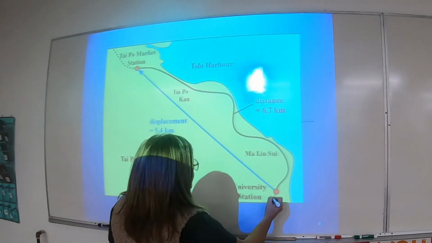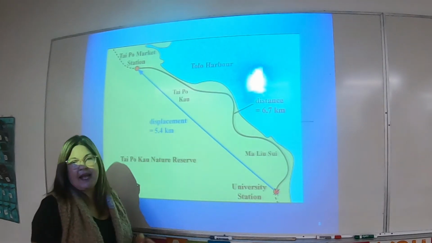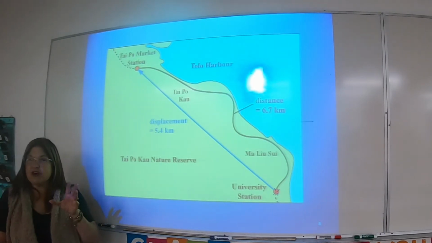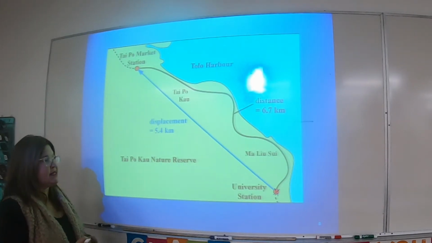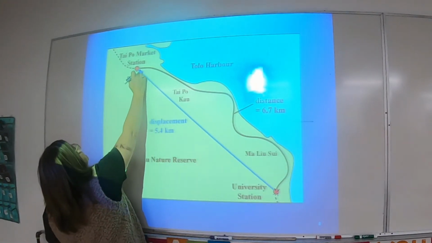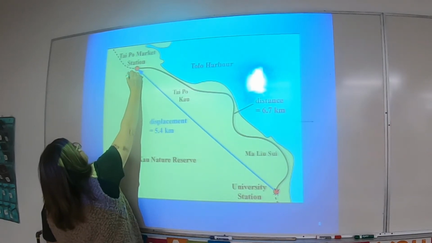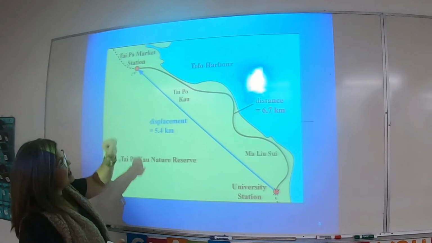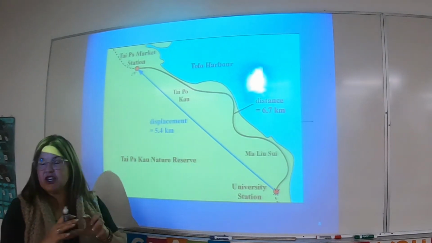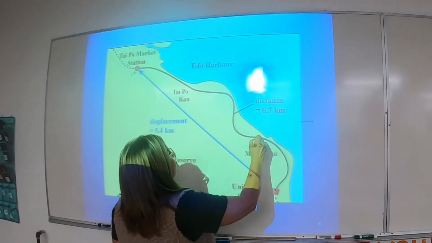We know we're starting at this red X, and I know that because there are arrows on my lines. This tells me from my start, this has to be my end point, because of that arrow. Now, if you're taking a car, you might have to travel this road.